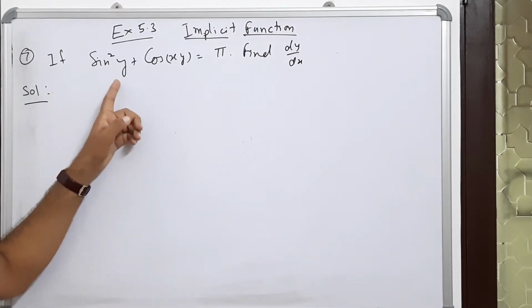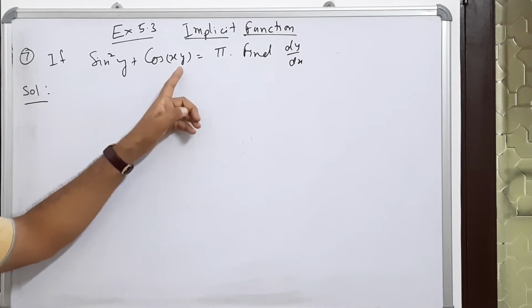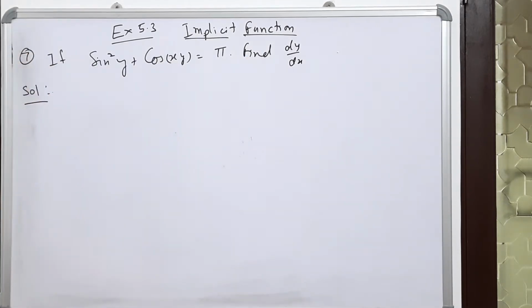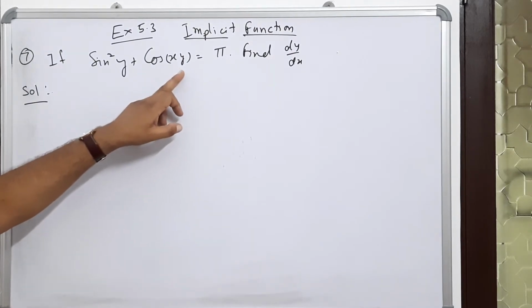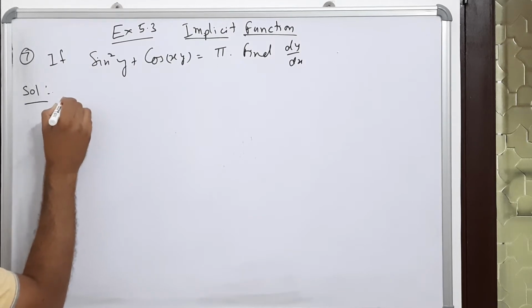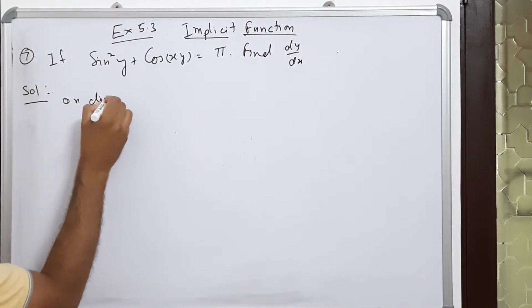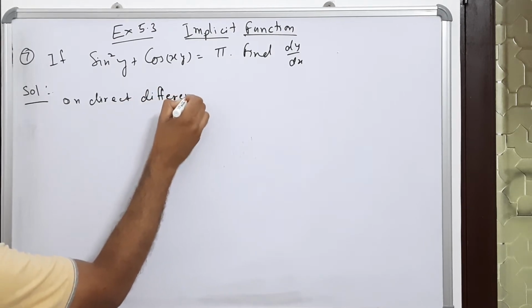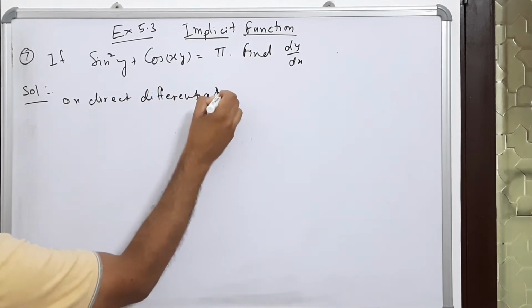If sine square y plus cos xy equals pi, then find the value of dy by dx. Now it is cos xy and here it is sine square y. So on direct differentiation, we are directly doing the differentiation of this one.